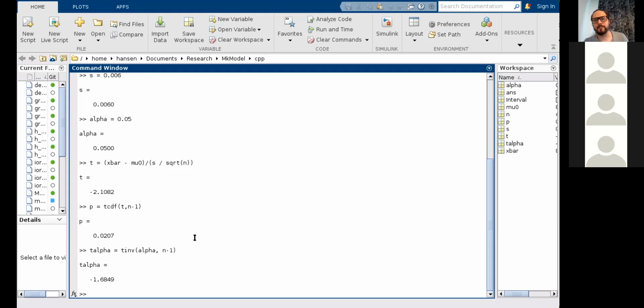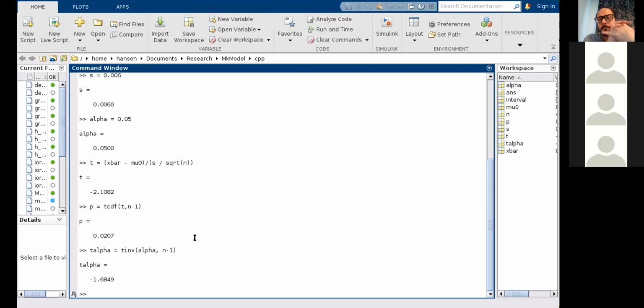Sometimes you have to understand which way is which. So to calculate the p-value, you use the cumulative distribution function, and to calculate the threshold value for the t, you use the T-inv of that alpha.